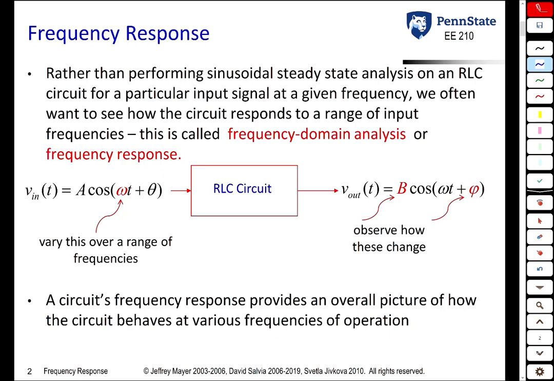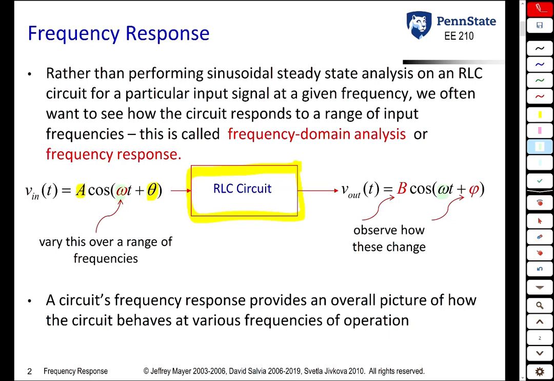So the idea here is we still have an RLC circuit of arbitrary complexity. Now the input is going to be a sinusoid, where rather than varying the amplitude or the phase, we're going to vary the frequency of operation. What we're going to see is that when you vary the frequency of the input, the frequency of the output is going to vary, because the output frequency is always the same frequency as the input.